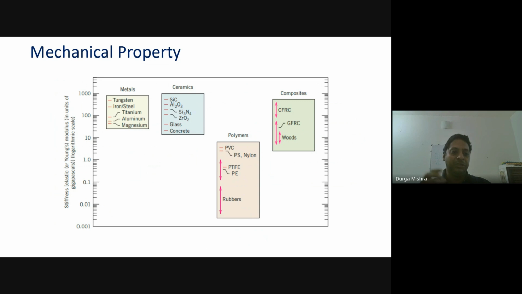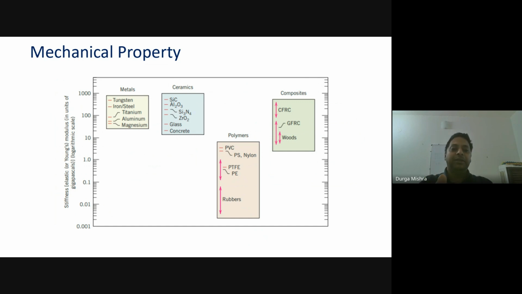Stiffness means the Young's modulus. That means if I want to deform it, how difficult it is to deform it. The higher the value, the more difficult it is to deform. If I apply a force to bend it or extend it, it will be difficult if the value is high.